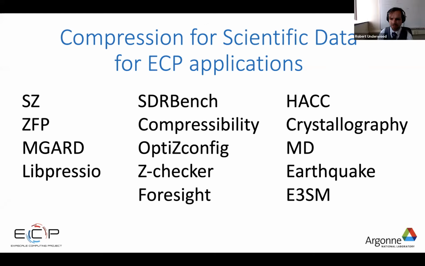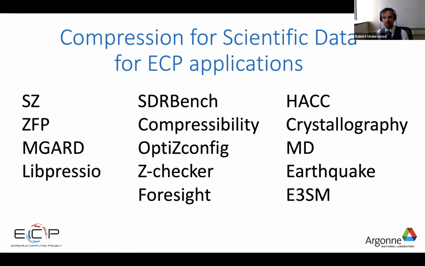Yeah, so let me say this a different way. Many of the compression methods, MGARD included, give the person performing the compression the ability to specify mathematical guarantees on the data being compressed and what it will be when decompressed.